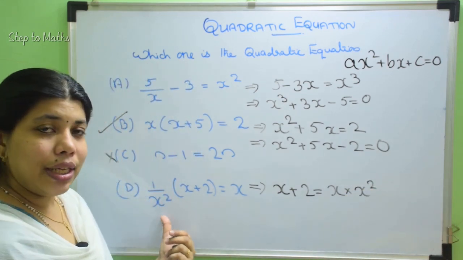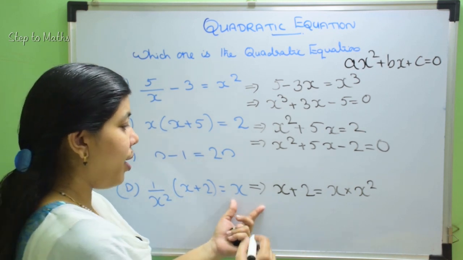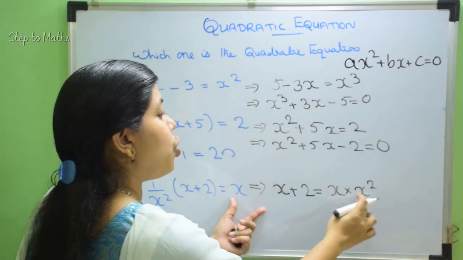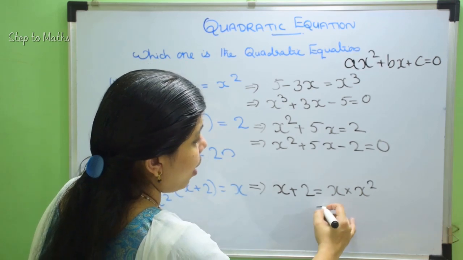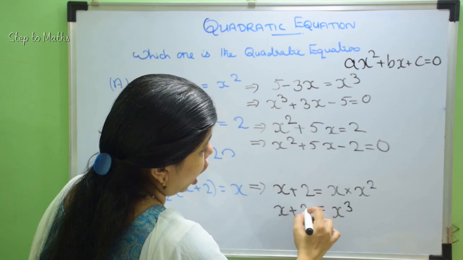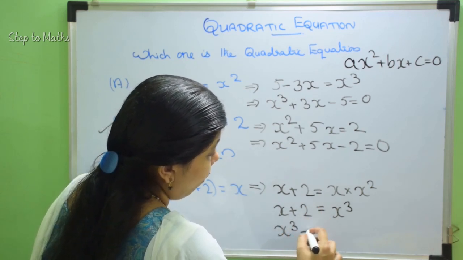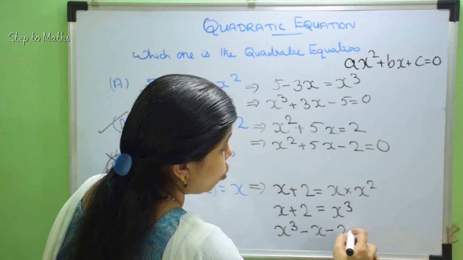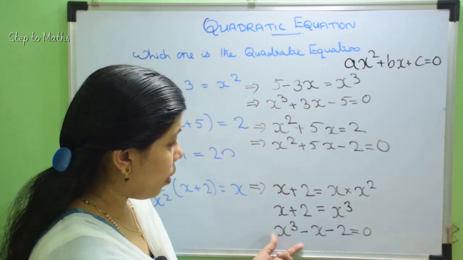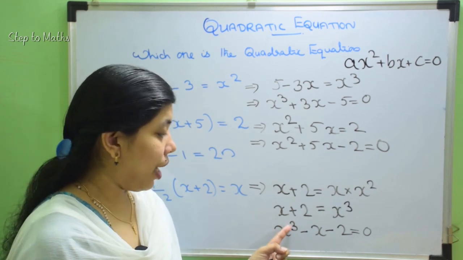We multiply this x square in the denominator to the right hand side. That is x into x square, and x into x square equal to x cube. x plus 2 equal to x cube, or we can rewrite it as x cube minus x minus 2 is equal to 0. Here also the highest power of the variable x is 3.